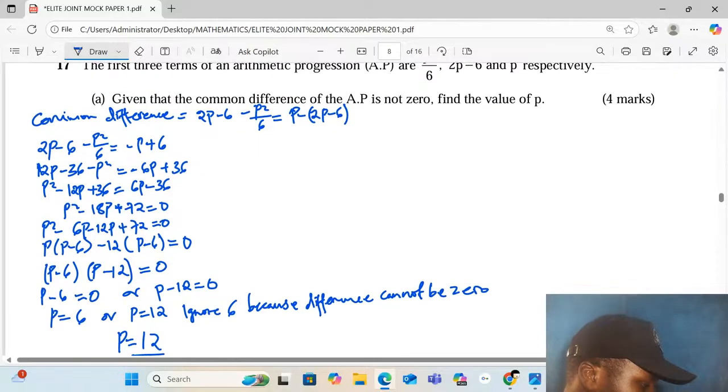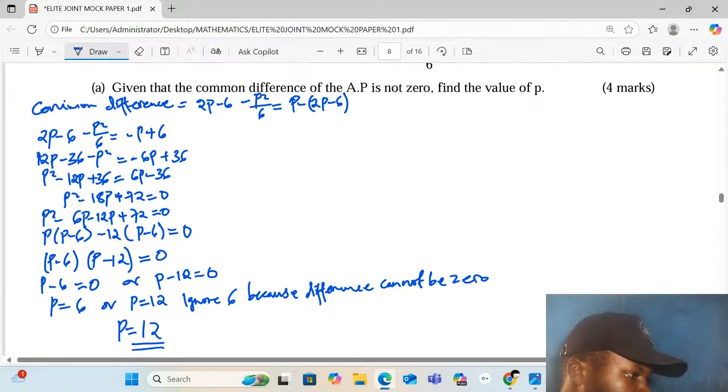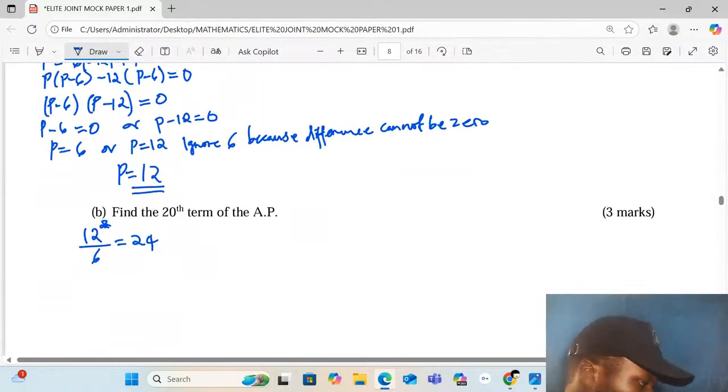Now using 2p minus 6, we are going to have 2 into 12 minus 6, which is equal to 18.